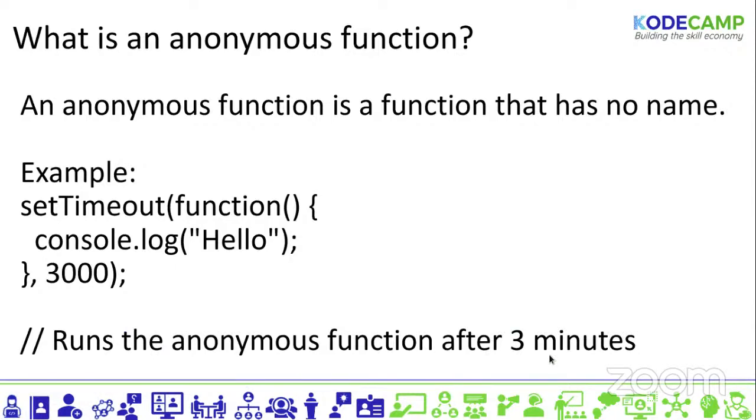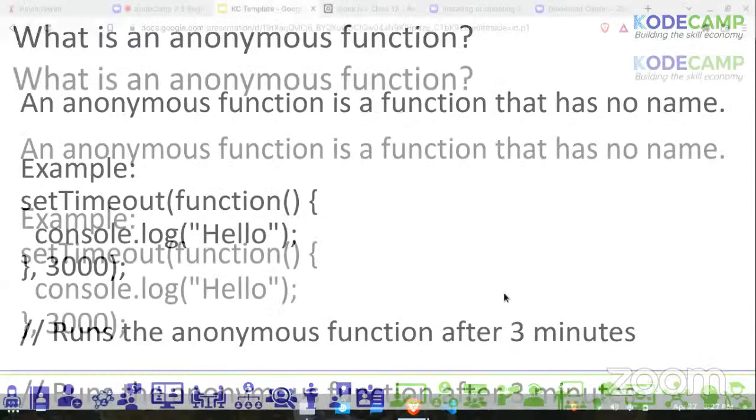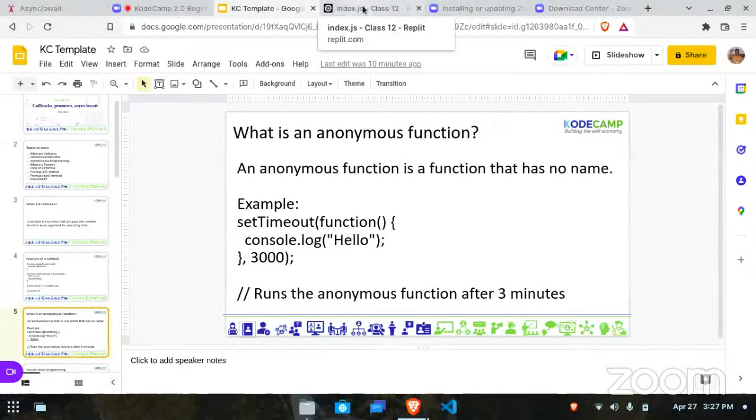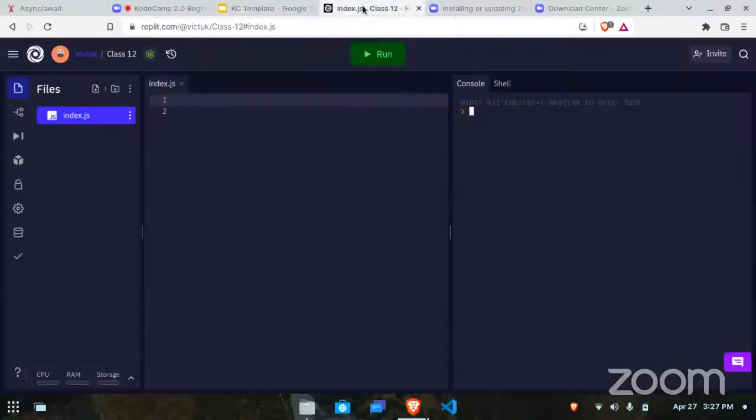So let's see anonymous functions and how they are being used with callbacks. Let me write that same example using an anonymous function.